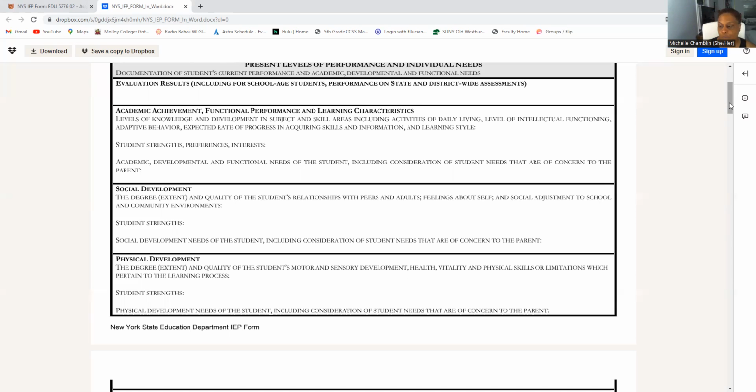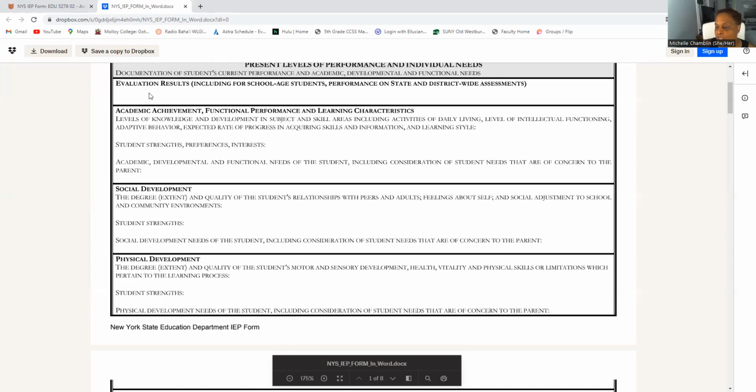Okay, so at the very top here, the documentation that we need, we have evaluation results. So these are the assessments, some of the assessments we've talked about in this class. So we have intelligence testing, we have testing of adaptability.